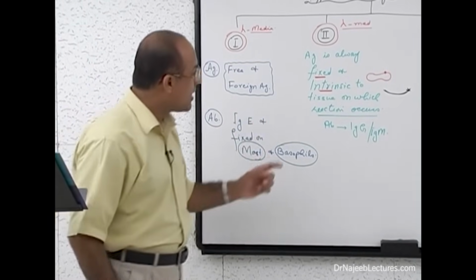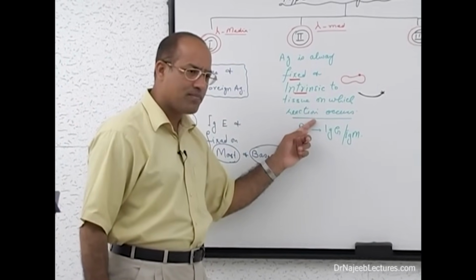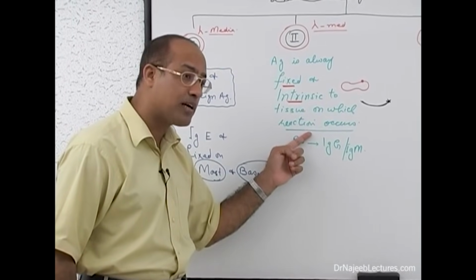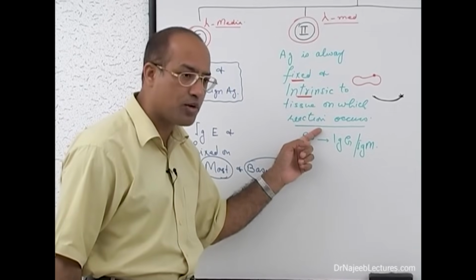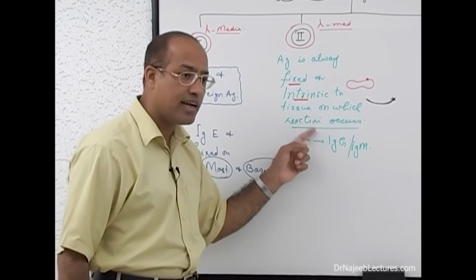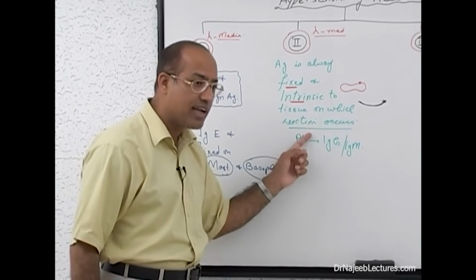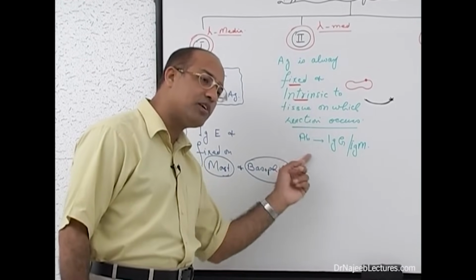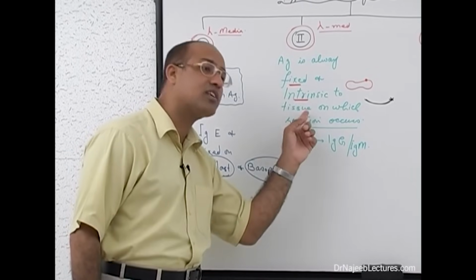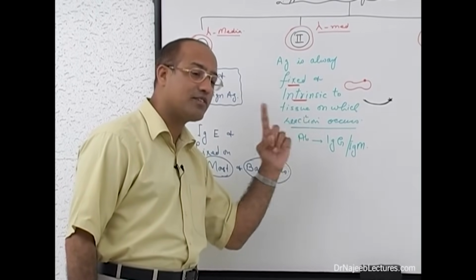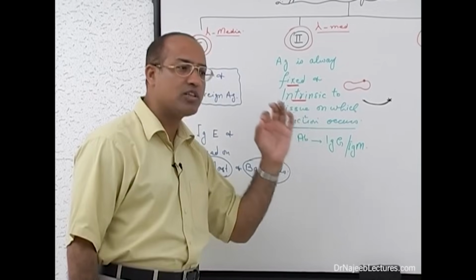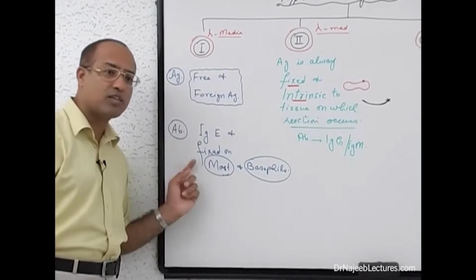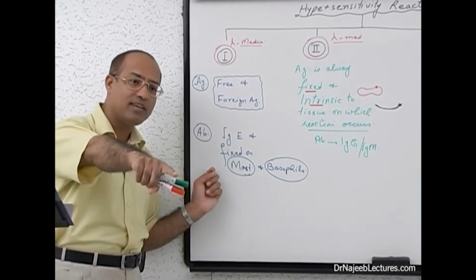In type 2, again, the antigens are part of the cell membranes, or part of the glomerular basement membrane or alveolar basement membrane or any tissue. Antigens are fixed and intrinsic. Even though antibodies are free here, the antibody has to go to the antigens. So in type 2, the antigen antibody reaction will always occur on the target tissue surface, and in type 1, it will always occur on mast cells and basophils.